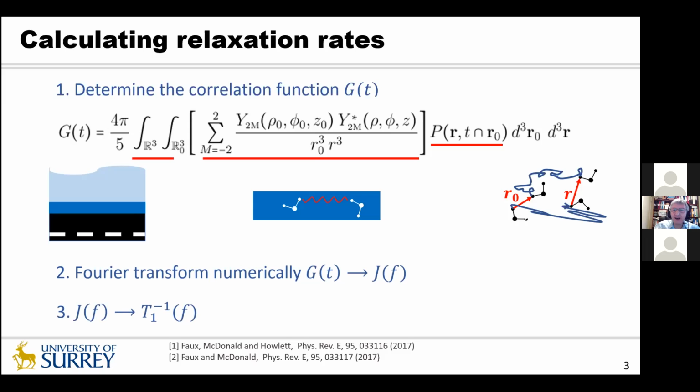In passing, I will mention that this model is valid in the fast diffusion limit. Now, this means that all the water in the pore must sample both the environments of the water, that is the bulk here and the surface layer here, during the time scale of the measurement.